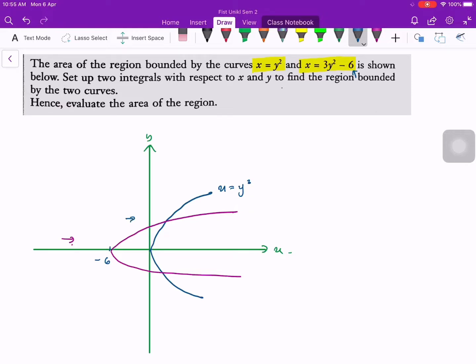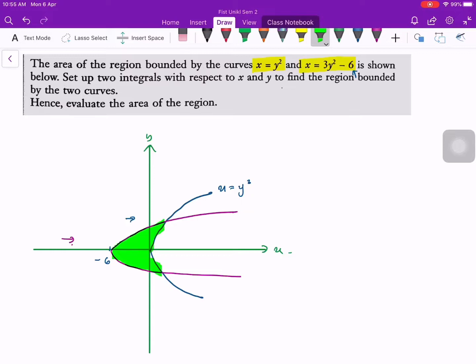So this is actually the graph that we have from this curve, and we are going to find the area which is bounded between these two curves, which means that I can say that this is actually the region that we are looking for. So I highlight it first. Alright.